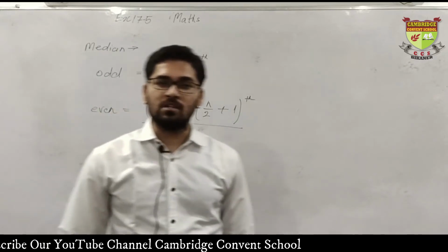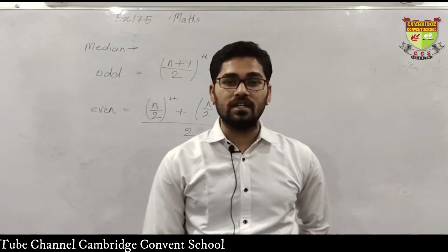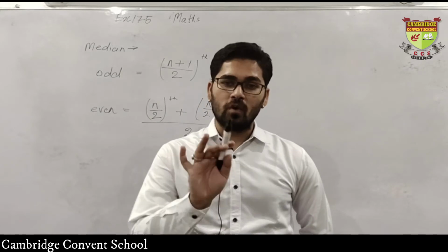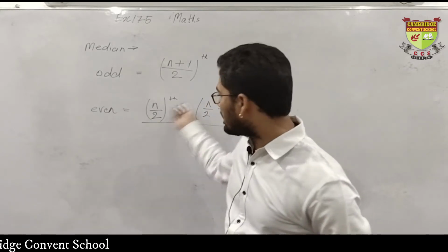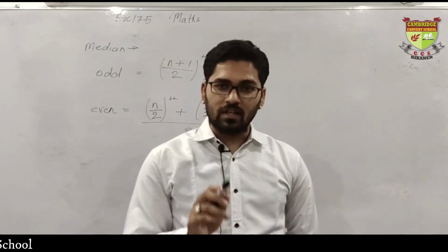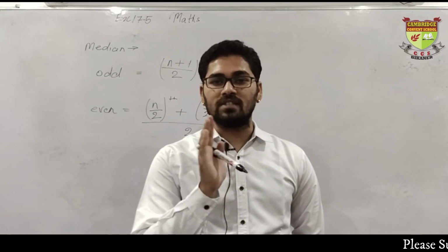One thing you must keep in mind: if you are given a question, you must firstly write all the numbers in ascending order. If you apply the formula directly without it, your answer will be incorrect.